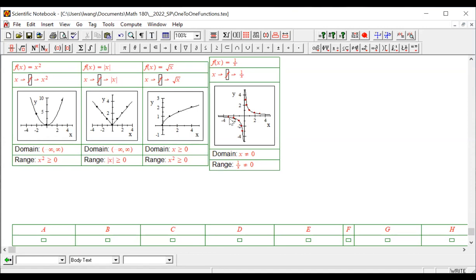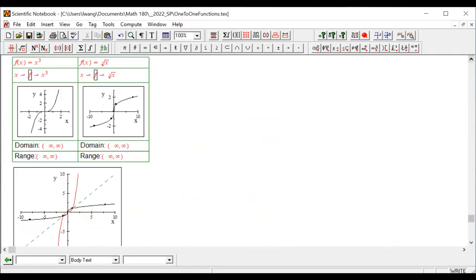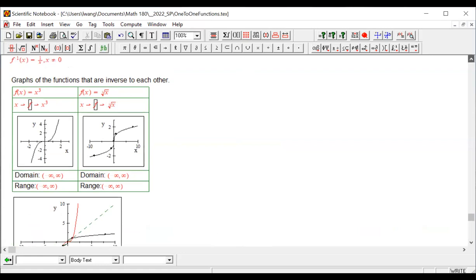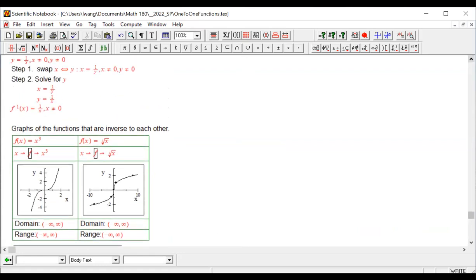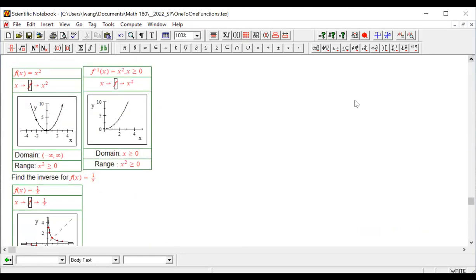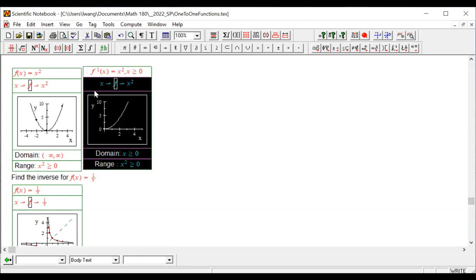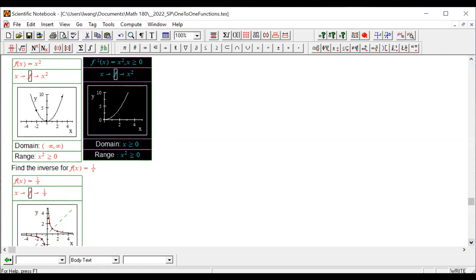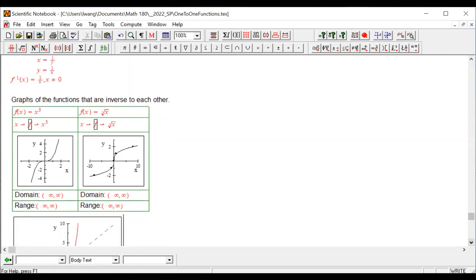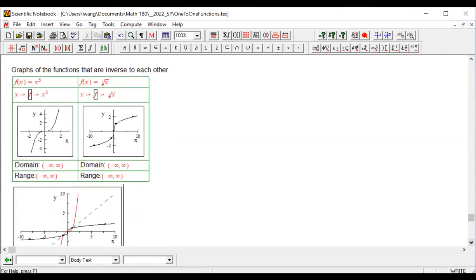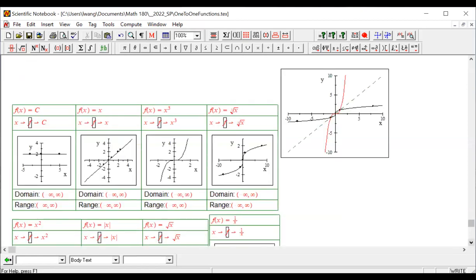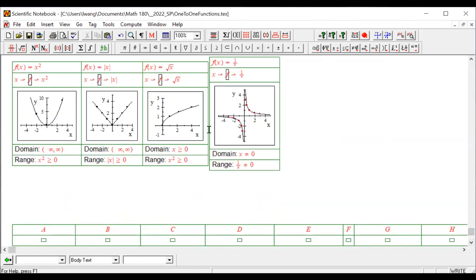Its inverse is what we just showed you, a half of the, right here. That's not a very difficult summary to make, right? But it's important to put them together.